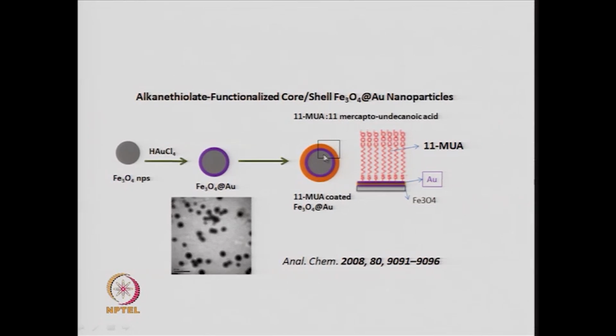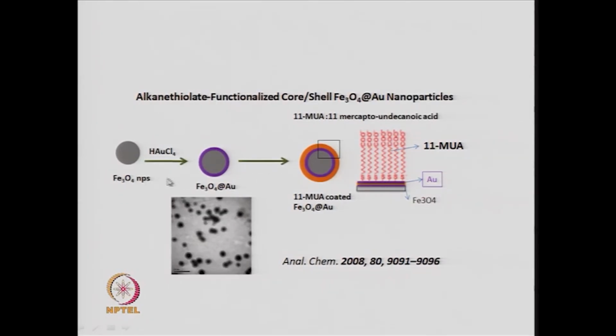The purple ring that you see is the gold coating, and on top it is functionalized. This red color is the functionalization by this alkane thiolate. Now, the thiol part will be towards the gold surface. This can be seen better in this diagram.